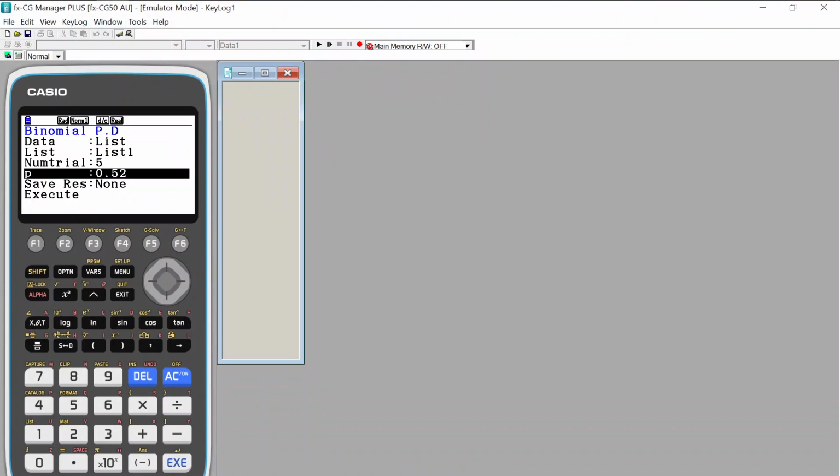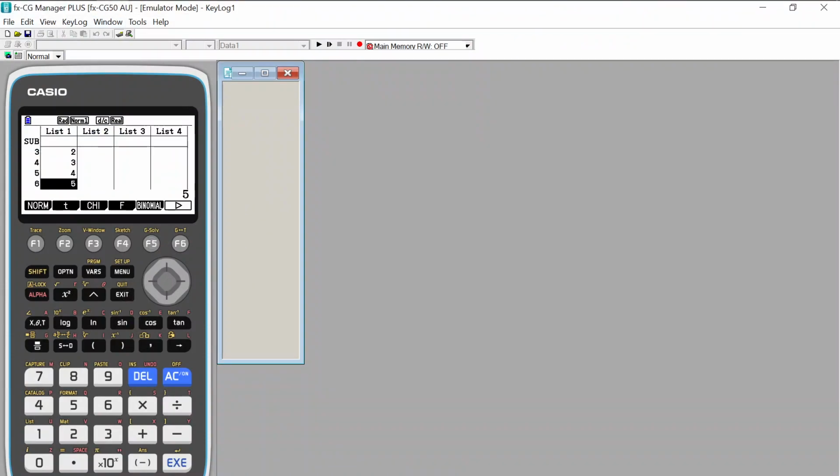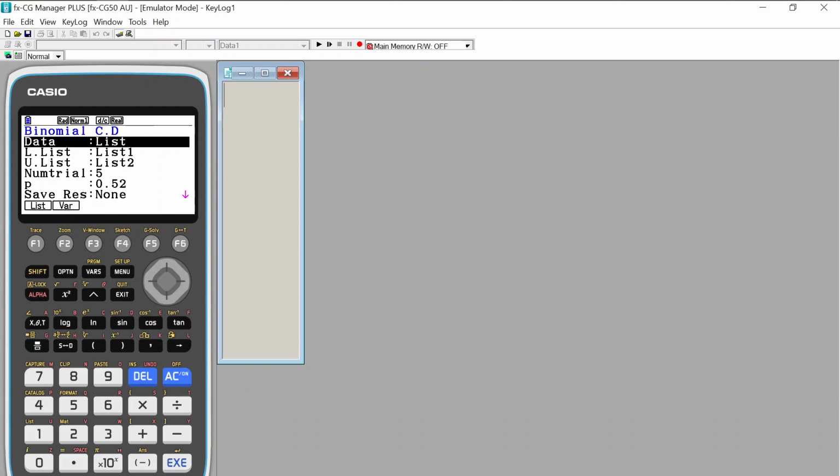We're going to go exit, we're going to go distribution, binomial, and BCD. And we want to change our data back to a variable. And you'll see it asks for a lower, an upper, and the number of trials. So we're going to have our lower is 0, our upper is 3, because we're wanting less than or equal to 3.